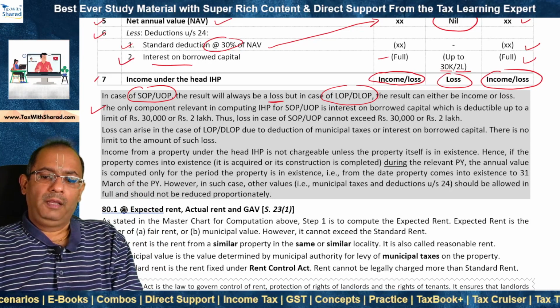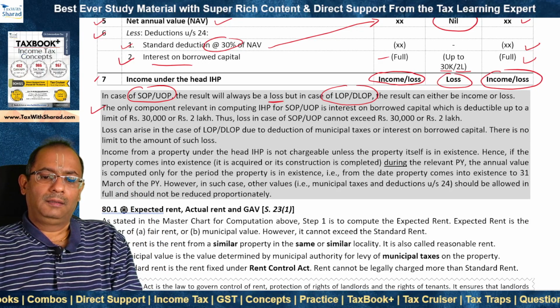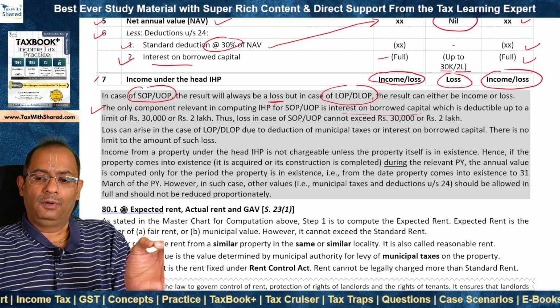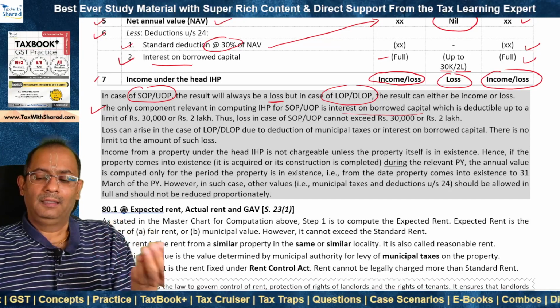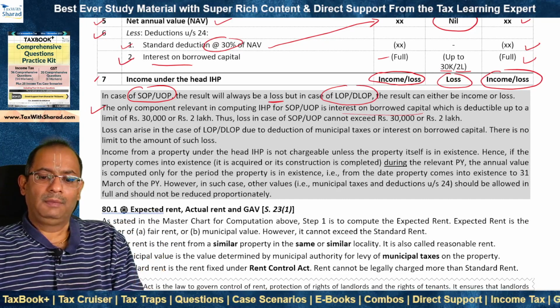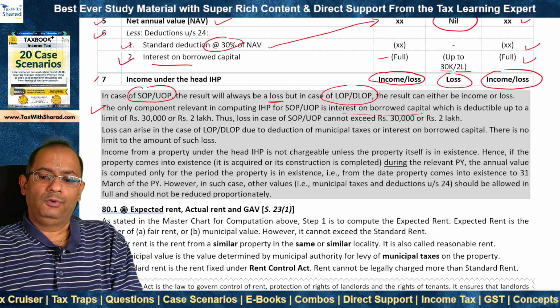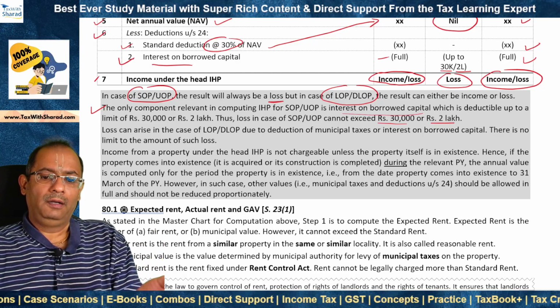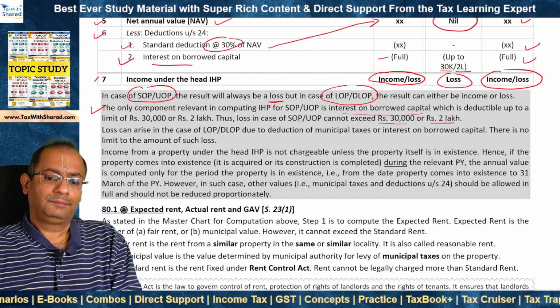As far as SOP or UOP is concerned, the only component relevant in computing IHP is interest on borrowed capital, because NAV is nil and this is the only component which needs to be deducted. And therefore, the maximum loss for SOP or UOP cannot exceed rupees 30,000 or 2 lakh, which is basically the limit for interest deduction.